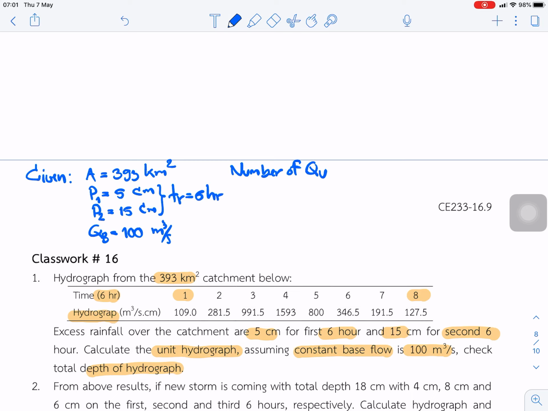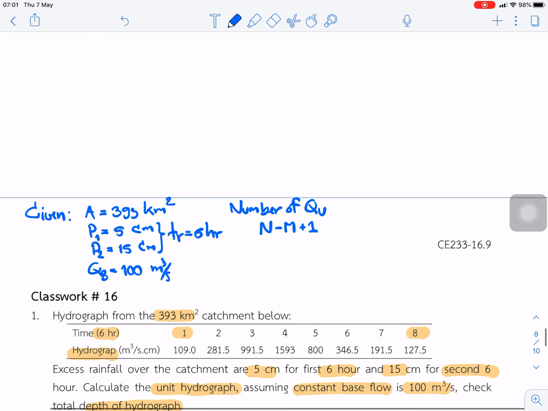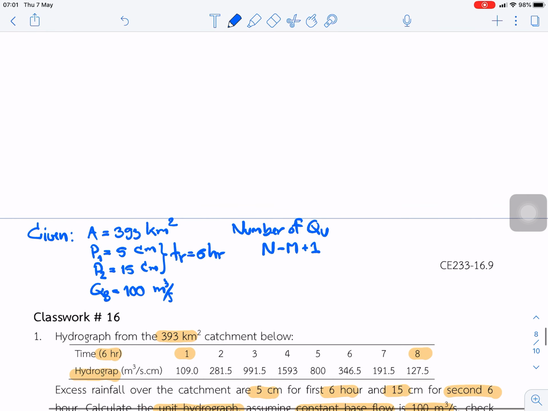The number of U is equal to n minus m plus 1. We can use this to estimate the number of U, and next we can find the U values.